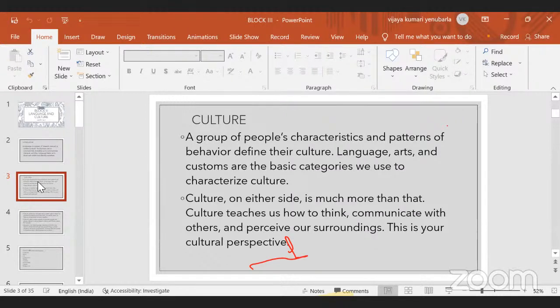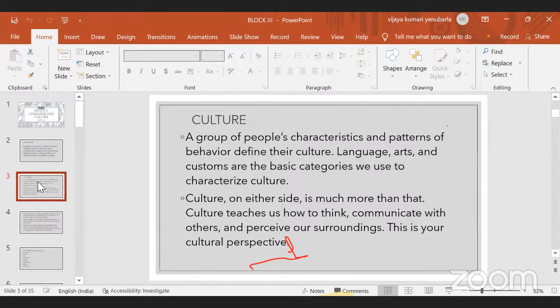Even though we touch on them a little, that also gives us a representation in the culture. Here we are dealing with the relationship between language and culture. A group of people's characteristics and patterns of behavior define their culture. So what are our cultural characteristics? Language, arts, and customs are the basic categories we use to characterize culture.